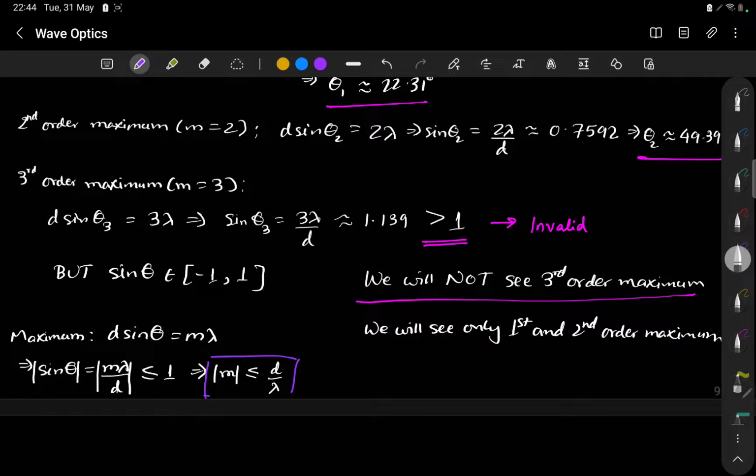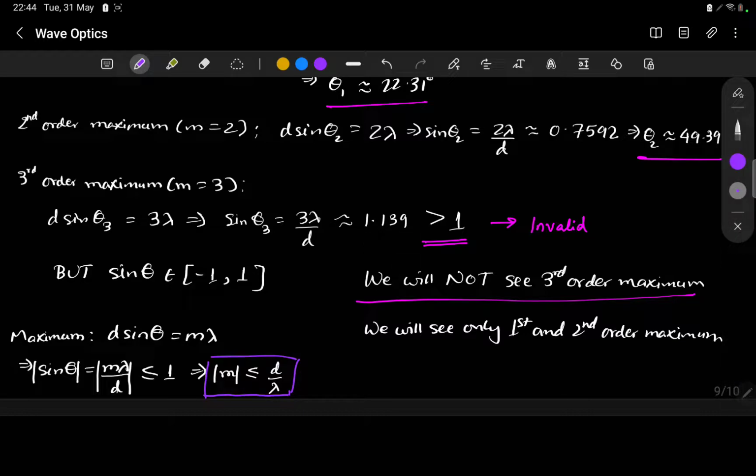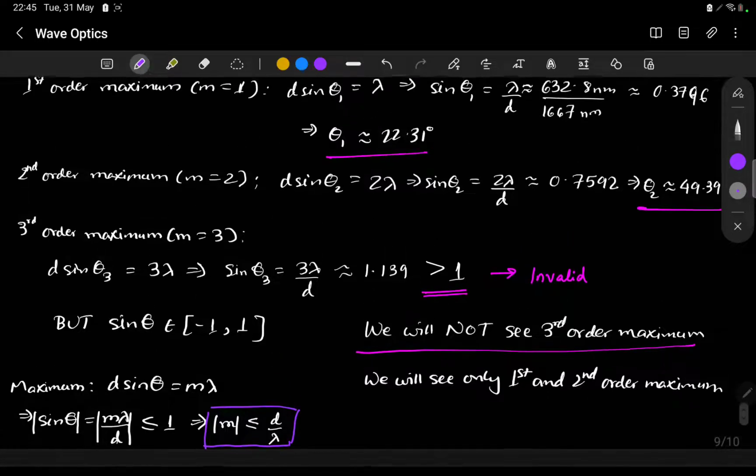So we can see only these many orders, governed by the ratio d over lambda. Beyond this, we will not be able to see any order maximum. Just like in this example, we cannot see the third order maximum or higher. We can only see the first and second order maxima.